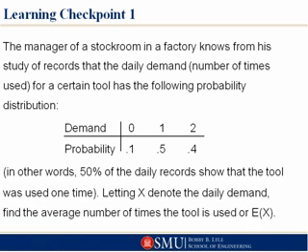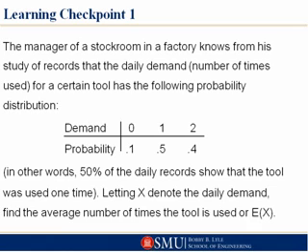Okay, so now the next one, learning checkpoint. This is something to work out on your own. I'll talk you through it as well, since that previous example wasn't that strong. The manager of a stockroom in a factory knows from his study of records that the daily demand, the number of times used for a certain tool, has the following probability distribution.